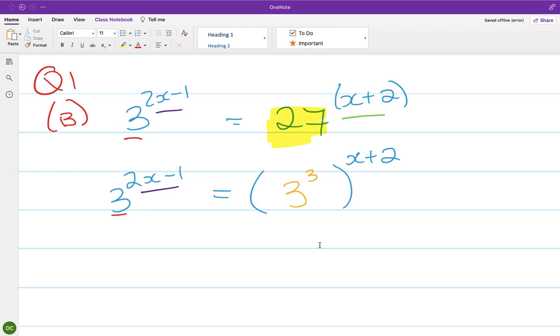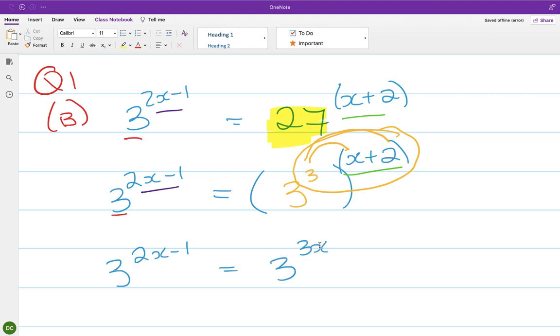The only difference was I changed 27 into 3 cubed. Here I have a number inside and outside the bracket, so I can multiply. I don't know if you remember how to multiply a 3 by a bracket, but you do it this way. So 3 to the 2x minus 1 equals 3 to the 3x plus 6.